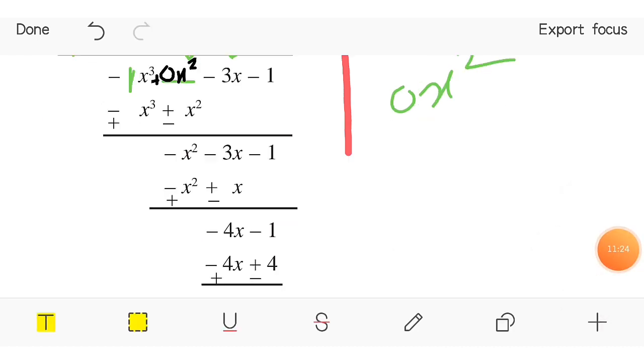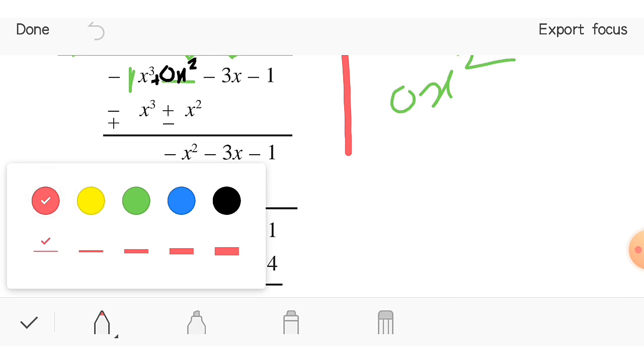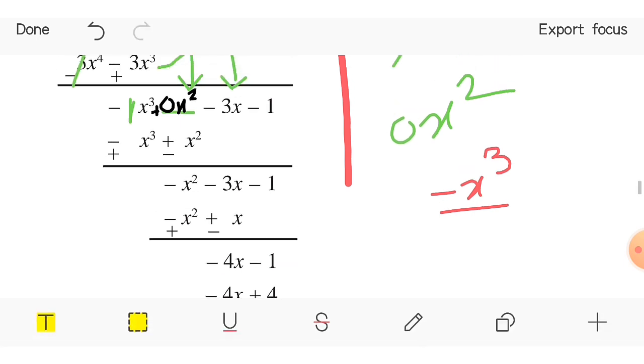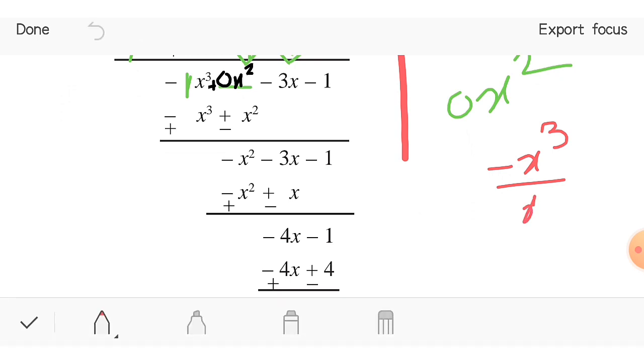Now let us see. The first term here is minus x cube. Minus x cube divided by the first term x, cancelling it we'll get minus x square.